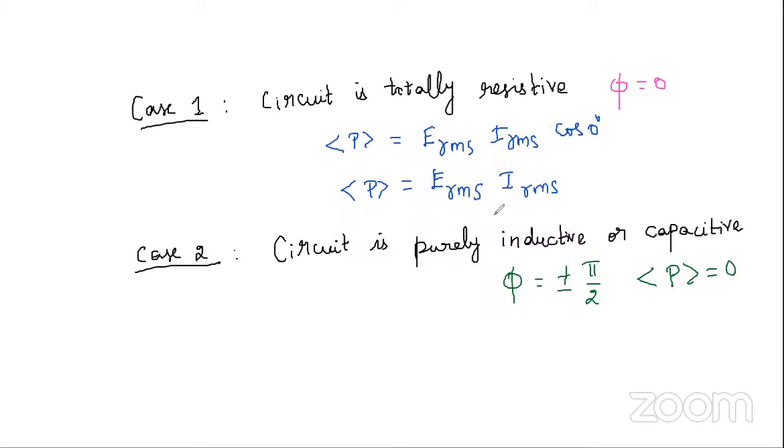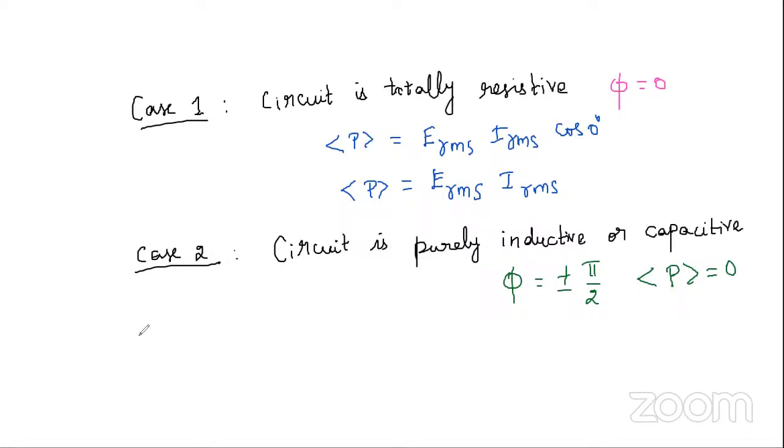Okay. So here you see, when you have a totally resistive circuit, you will be having maximum power. Maximum power dissipation is in a pure resistive circuit. So that's the thing which you need to understand.